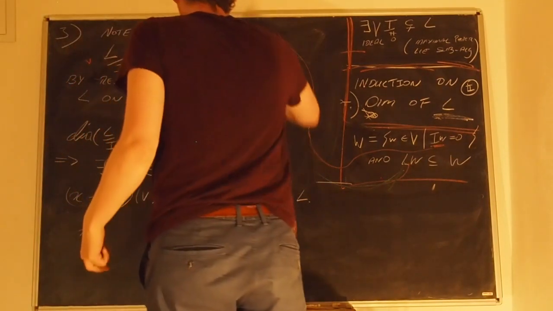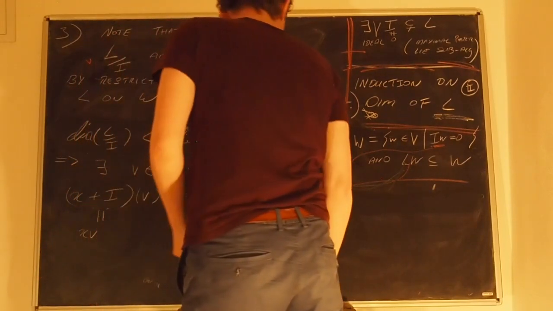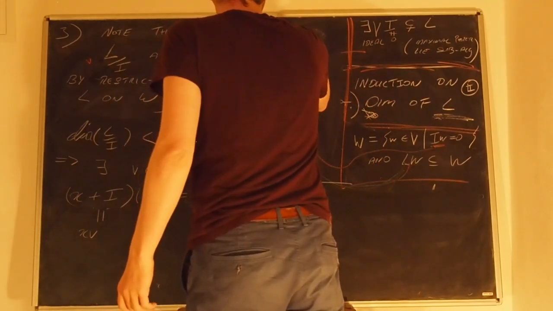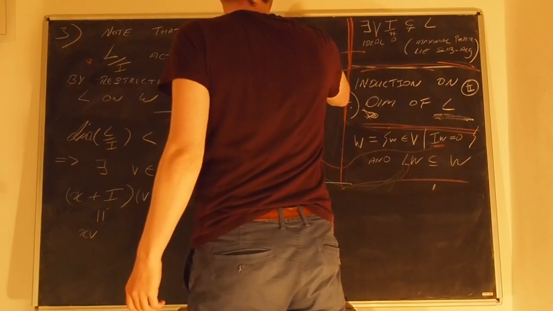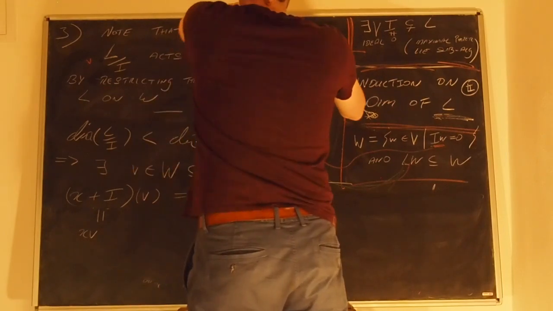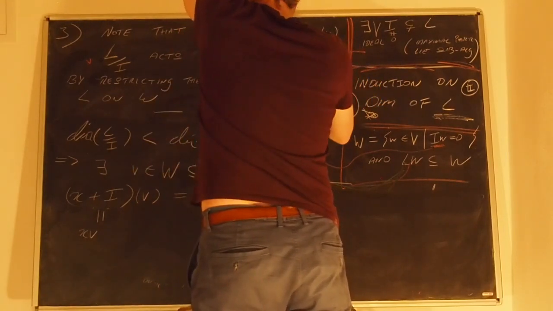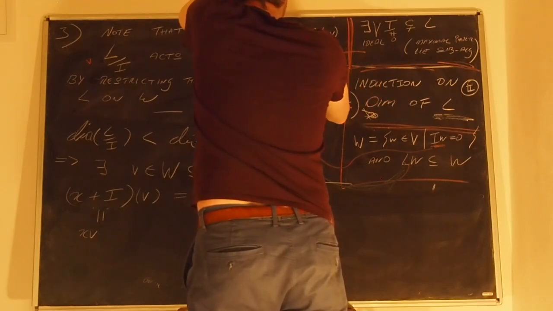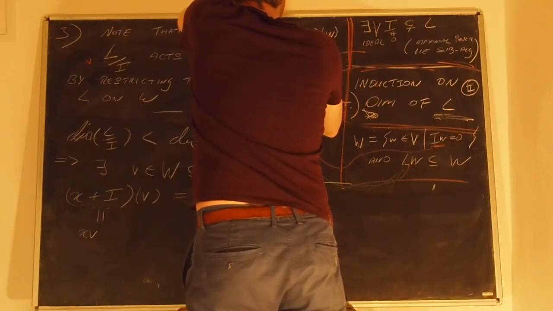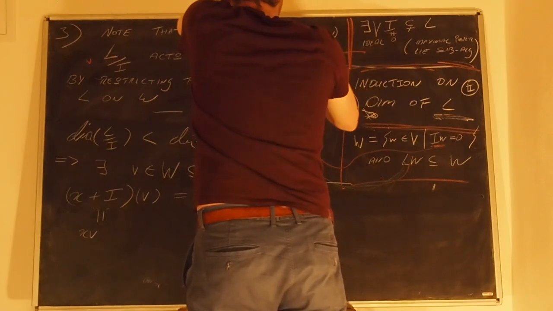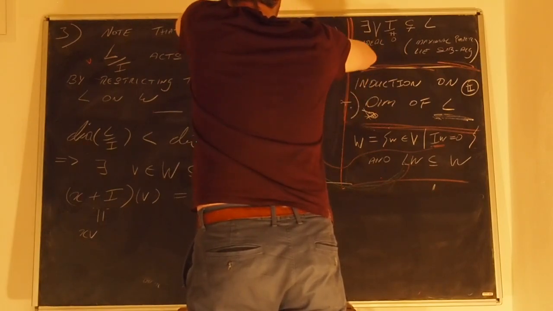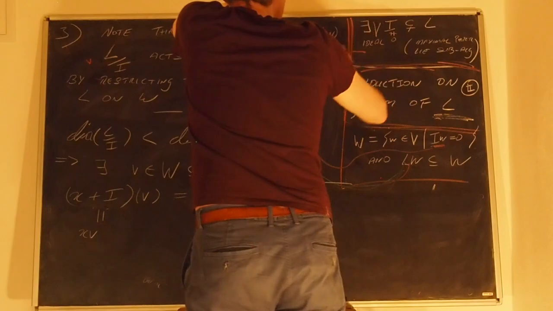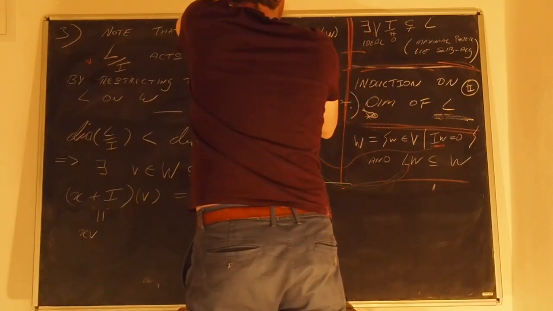Maybe I should write it up here. Whereby rho of x plus I operates on W is defined to be, no, I said we're going to leave out the rhos.